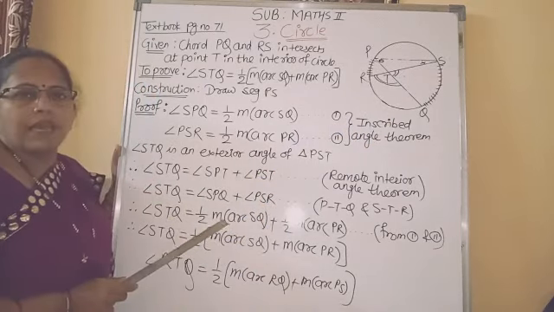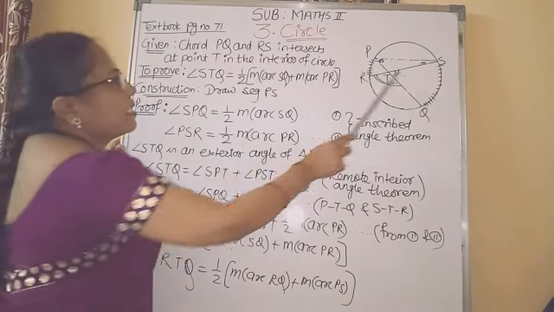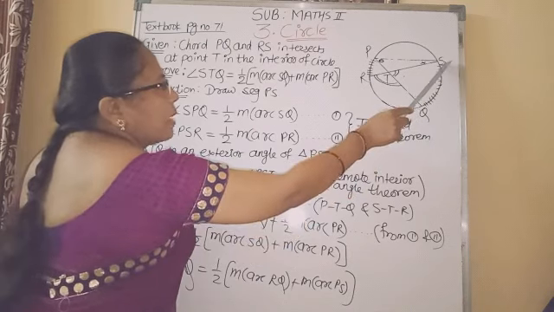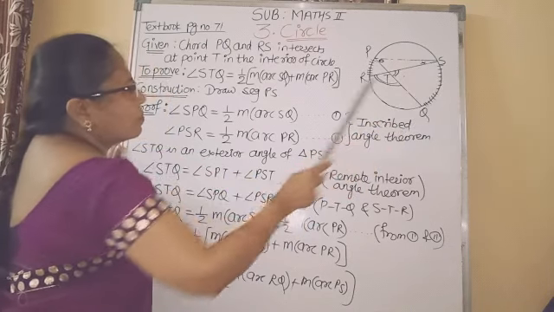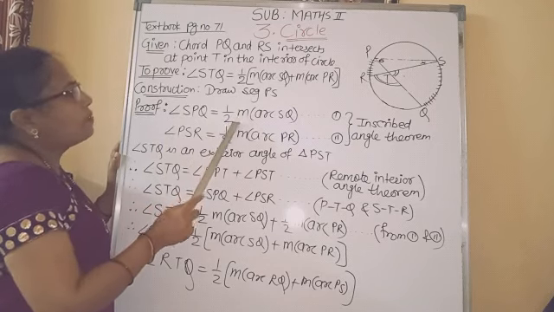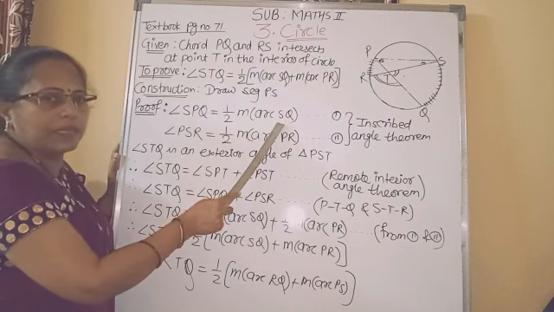So for that we can apply the inscribed angle theorem. First, angle SPQ intercepts arc SQ. So angle SPQ is equal to half measure of arc SQ according to the inscribed angle theorem.